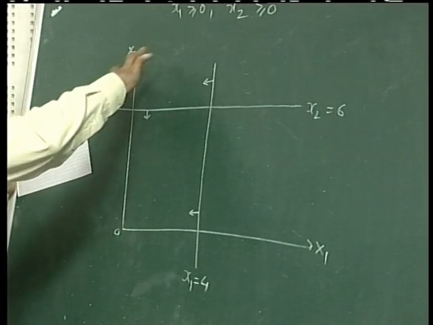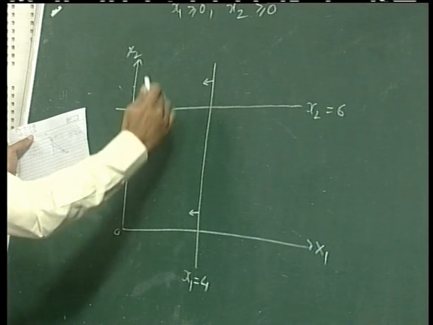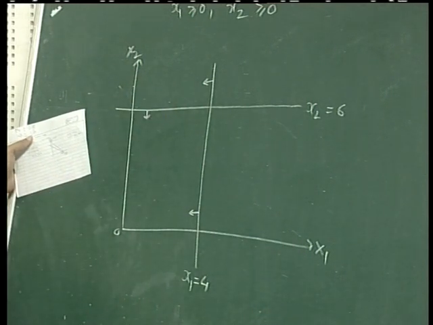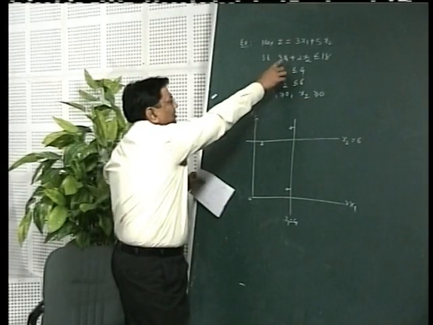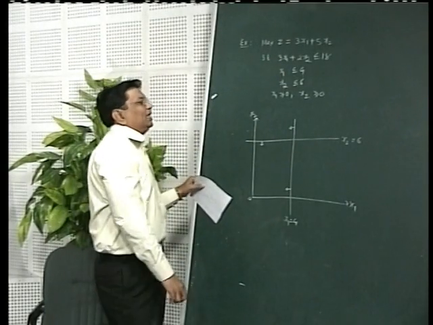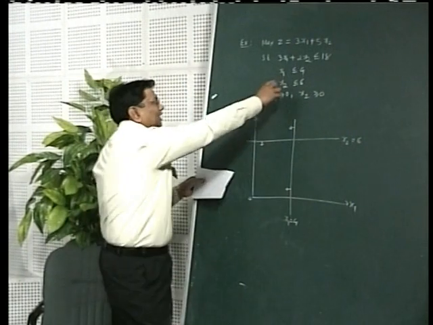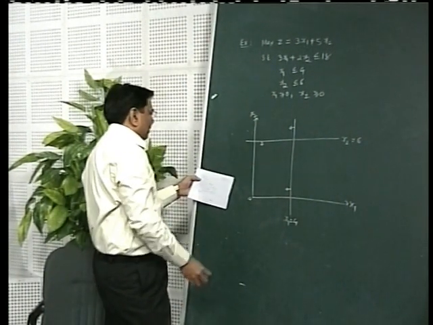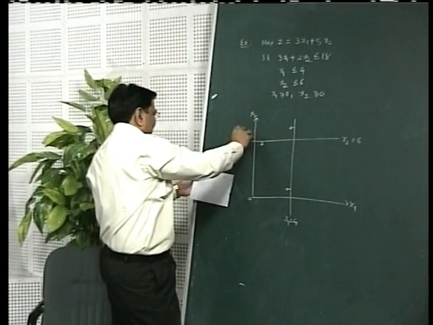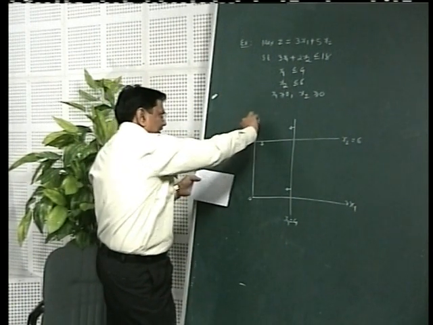So we are seeing that the whole plane gets narrowed by all these restrictions. And then further, 3x1 plus 2x2 less or equal to 18. If this line is plotted, it's very easy to choose two values and plot it. So this line is plotted, the graph will be this way.